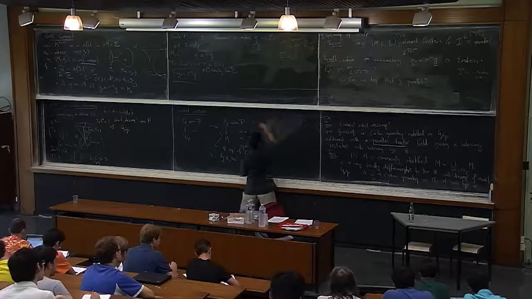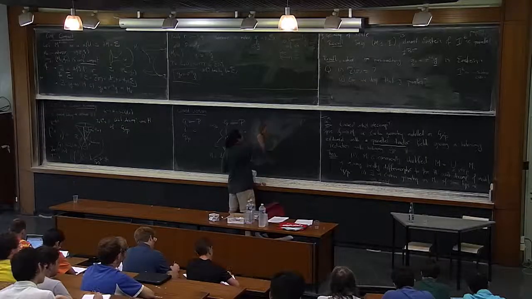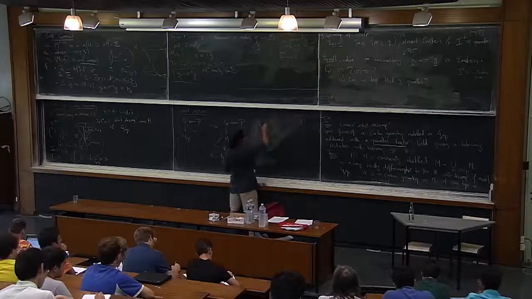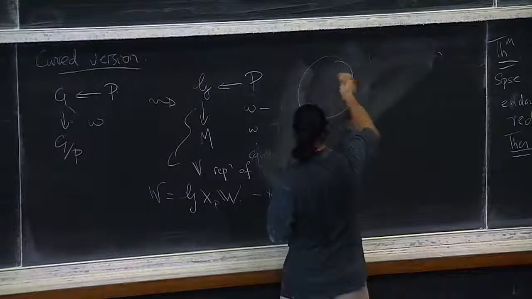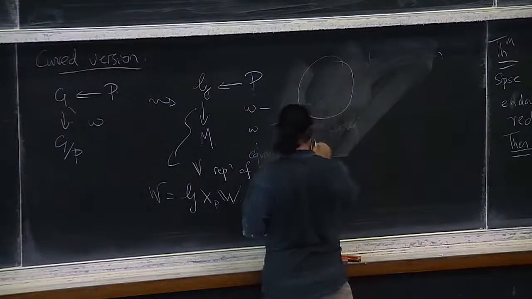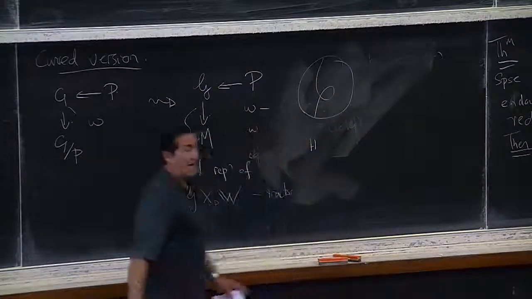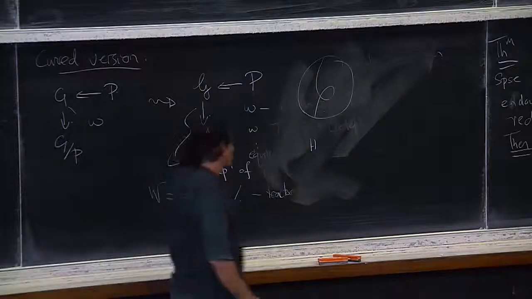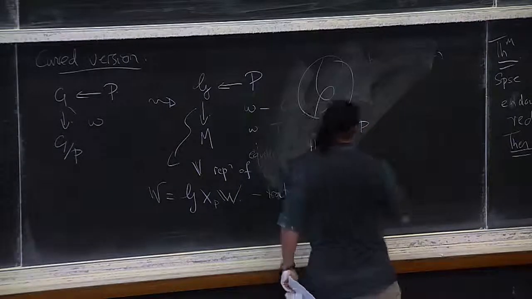Okay, so the general picture is you have your model, and then you have some sort of reduction to a group H, and you get some sort of strata decomposition of the model. So this is G mod P under the action of H.